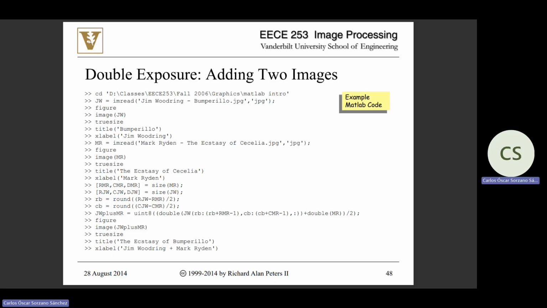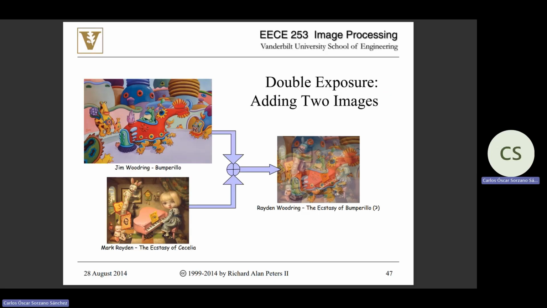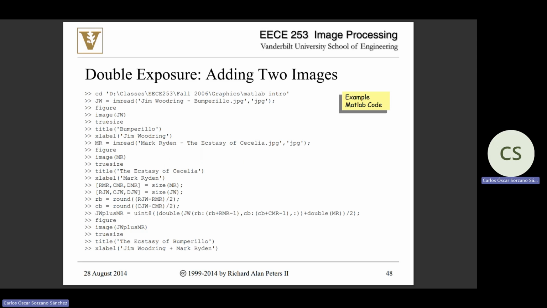And then when you do that, there are some things to take care of. The first thing is that this image is bigger than that one. You cannot add two matrices of different size, so you have to make them the same size. You have to crop a region here that has the same size as this matrix. And this is what is done here.